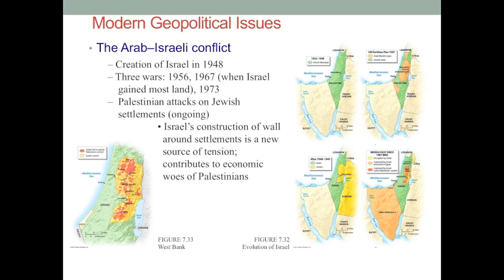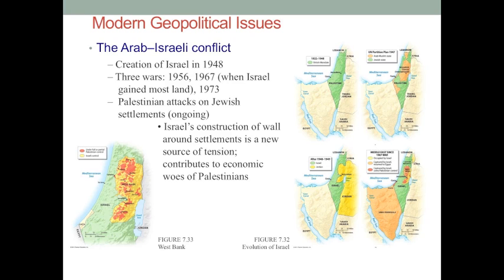But what I want you to understand is the idea of Israel in the context of North Africa and Southwest Asia. Israel came into being in 1948. It was a unilateral decision by the Israelis to create their state.